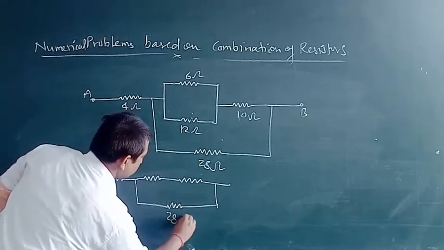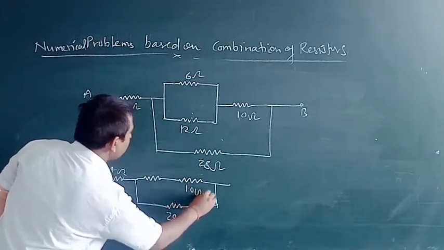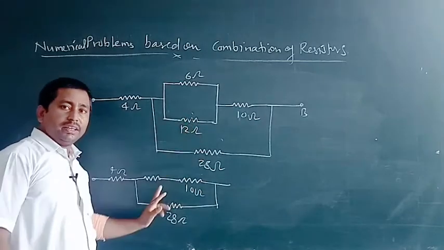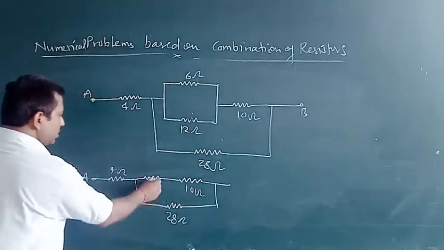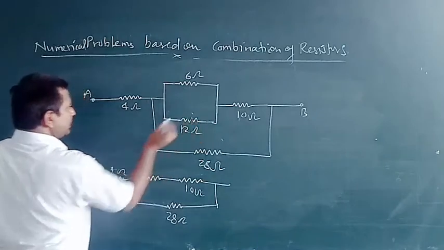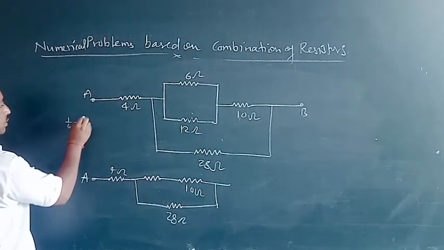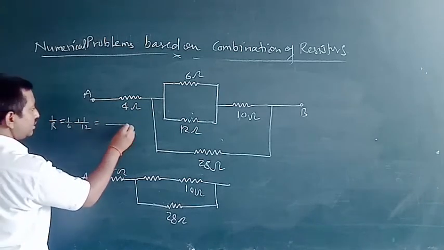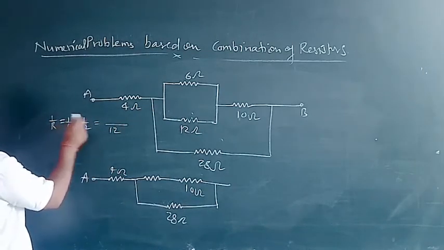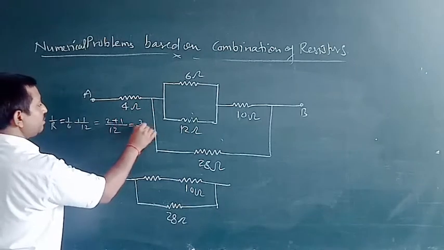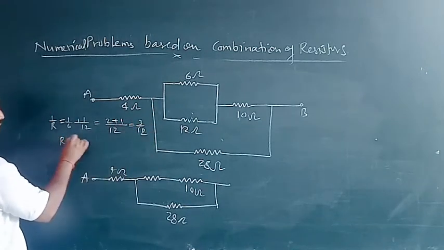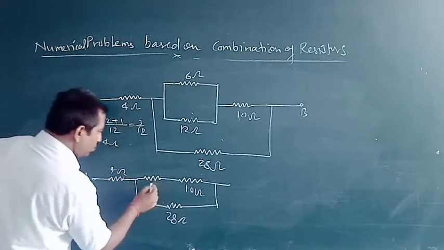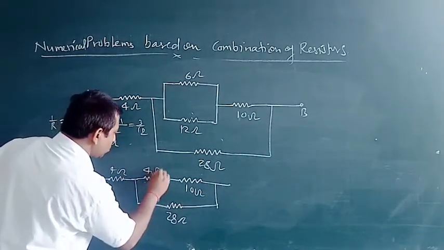This is 28 ohm, this one is 10 ohm, and what will be the value of these two resistors in the form of a single resistor? So this becomes 1 by 6 plus 1 by 12, that is 2 plus 1, that is 3 by 12, so R is 12 by 3, equal to 4 ohm. So the value of this resistor becomes 4 ohm.